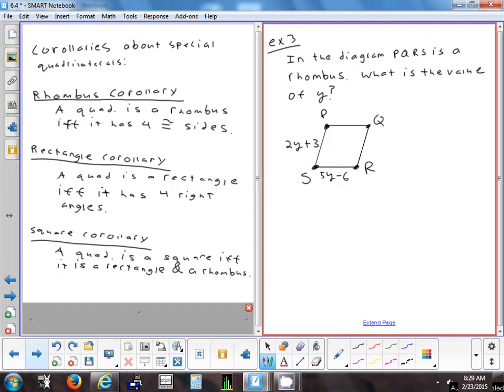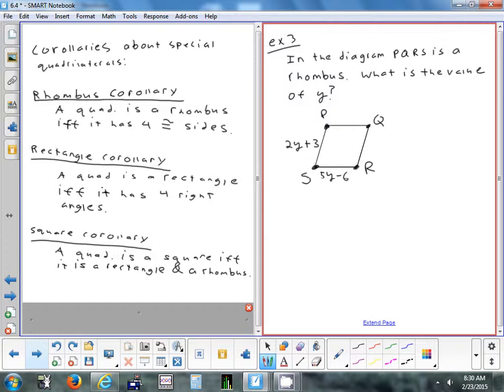Yeah, Connor? 2 pairs of congruent sides, so that means we're going to do 5y minus 6 plus 5y minus 6 plus 2y minus 3 plus 2y minus 3, and then we're going to divide by blank here.